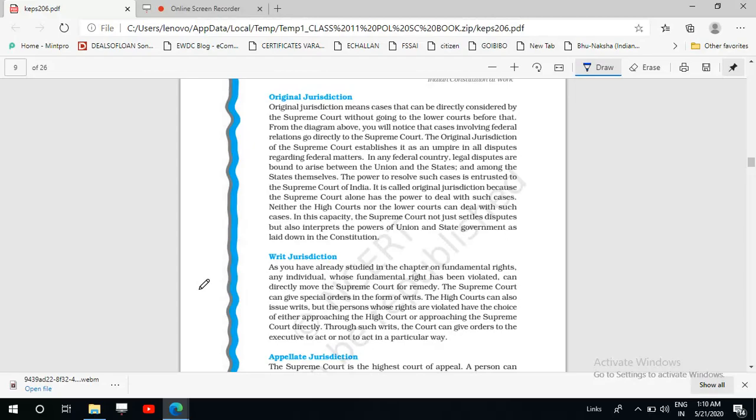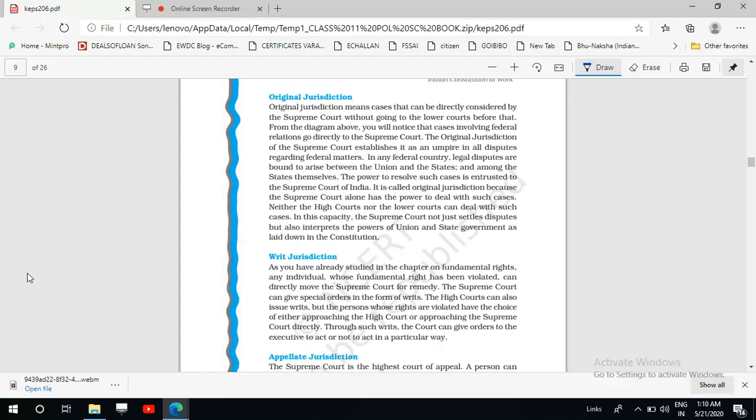Okay, first of all, these cases will come up only in the Supreme Court. Okay, now we will see what type of cases are there in the original jurisdiction.